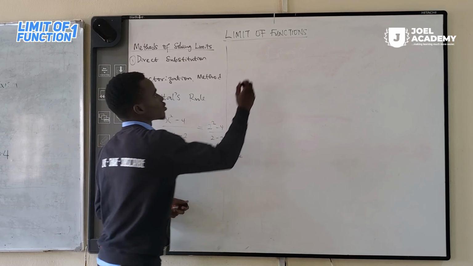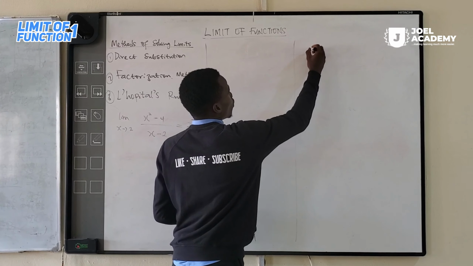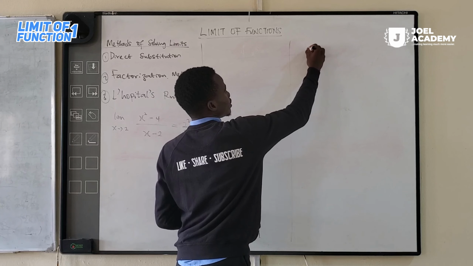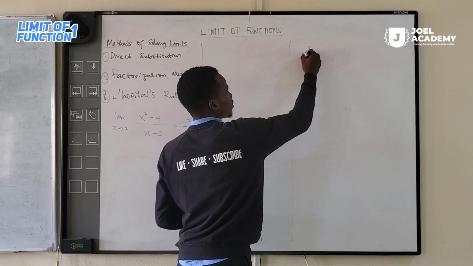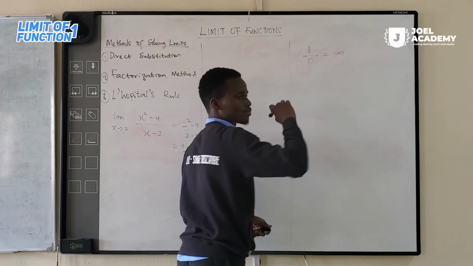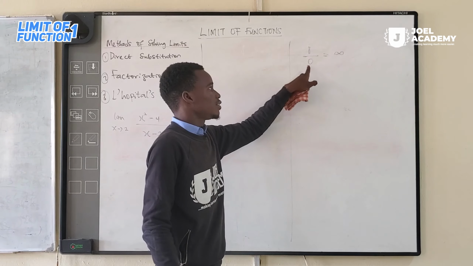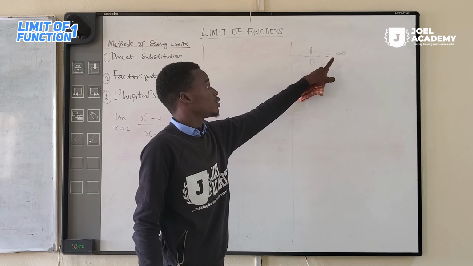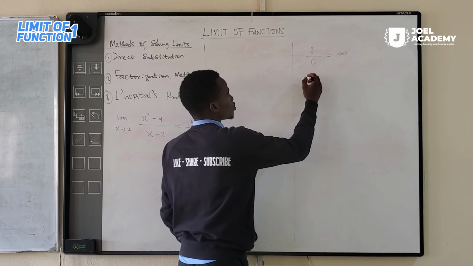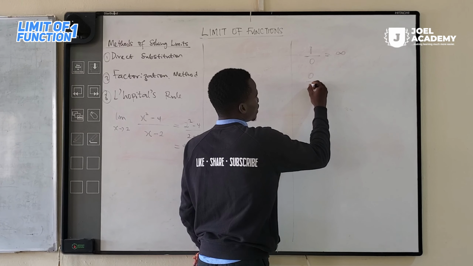Things to note. Any finite number over 0 is going to give you infinity. Any finite number, be it 1, be it 5, be it -3, you are dividing it by 0, it's going to give you infinity. Next thing to note, you have 0 over any finite number.